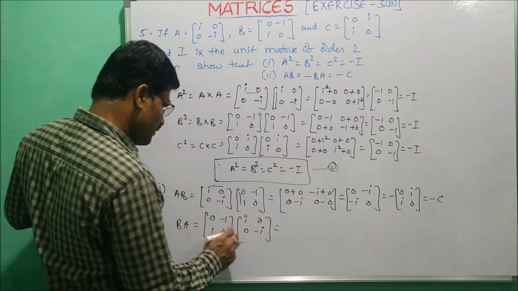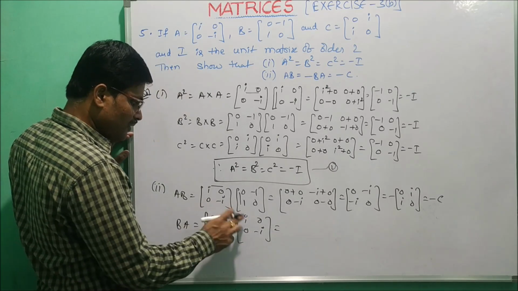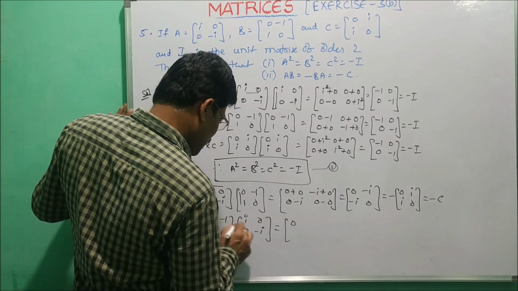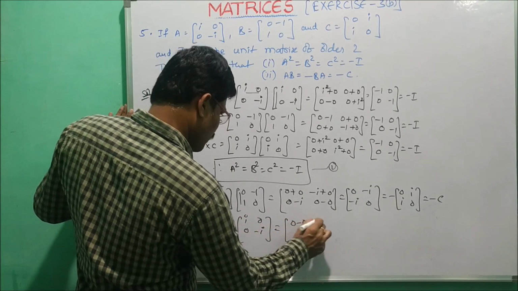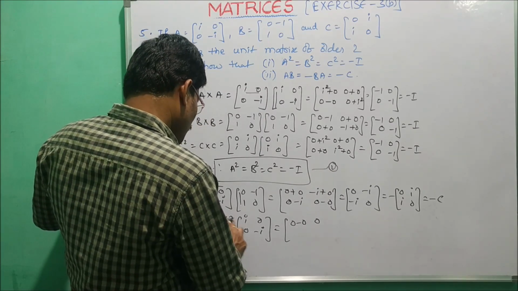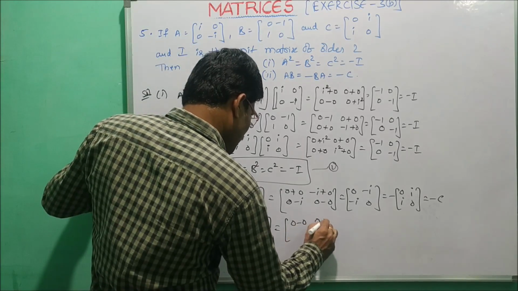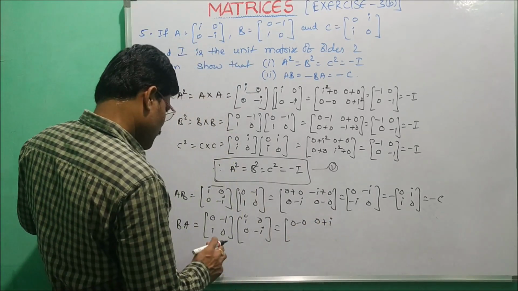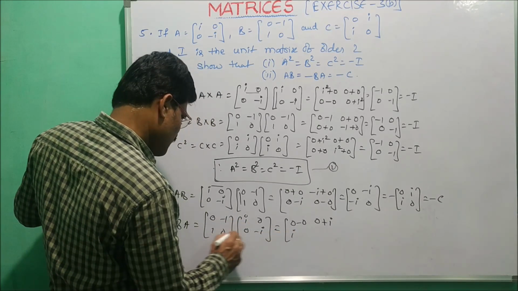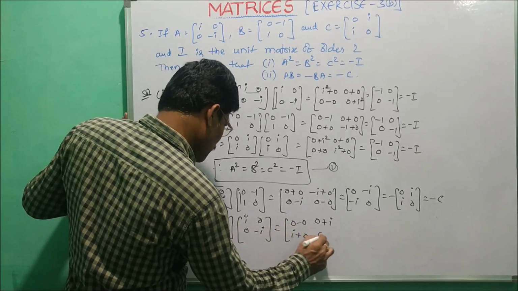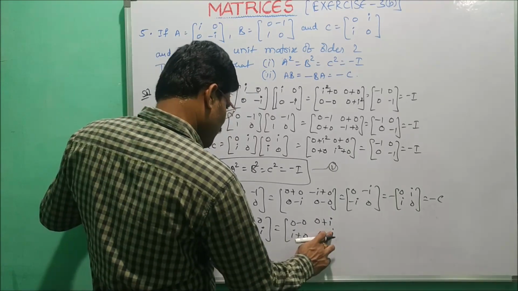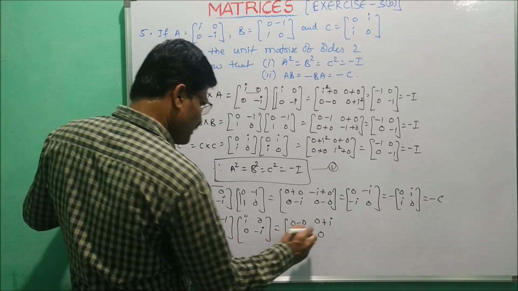In that we have to observe, here we take the sum of the products of the elements: 0 into I, 0 minus I, 1 into 0 minus 0, 0 into 0, 0, minus 1 into minus I plus I. In that, 1 into I plus 0, 1 into 0, 0, 0 into minus I, minus I. Sorry, 0, 0 into minus I, 0.